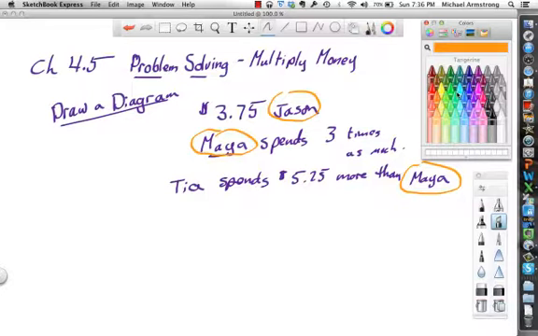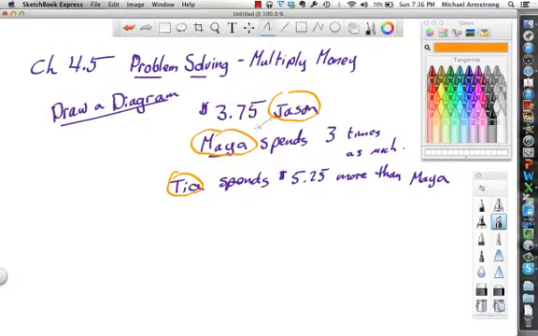Okay, so the question is, how much does Tia spend? All right, so we have to go from Jason to Maya, and then from Maya, oh, look what I did. There we go. Tia is our third person.